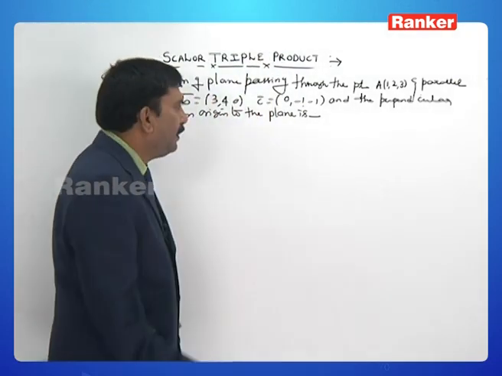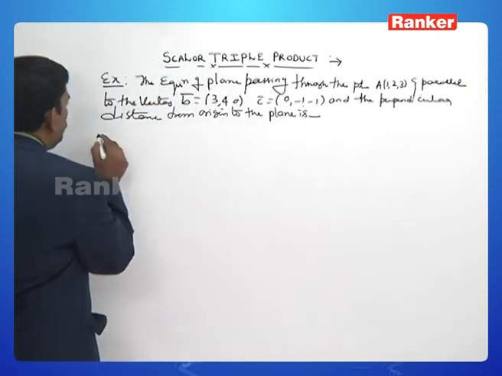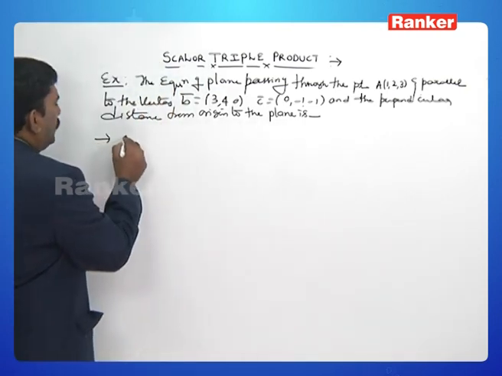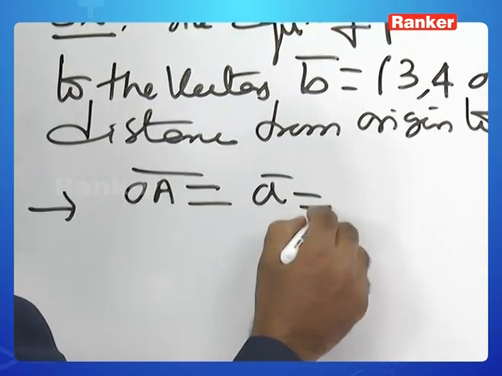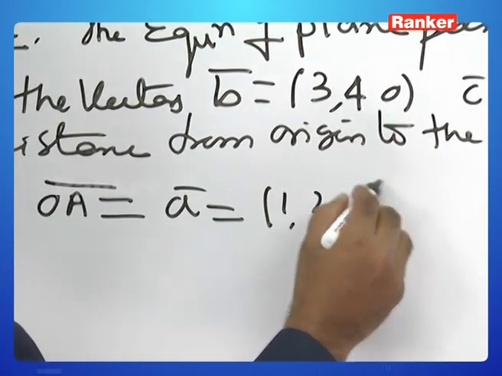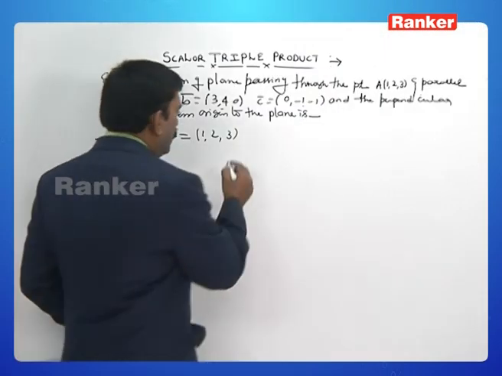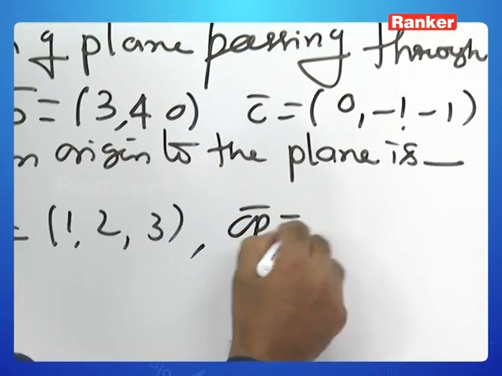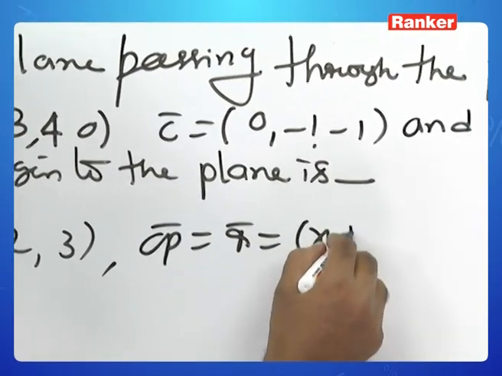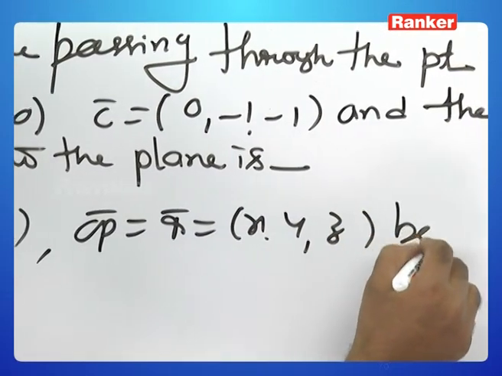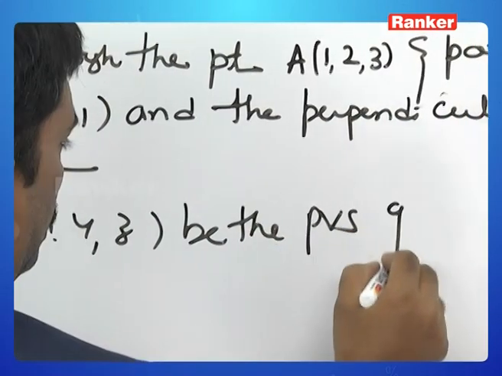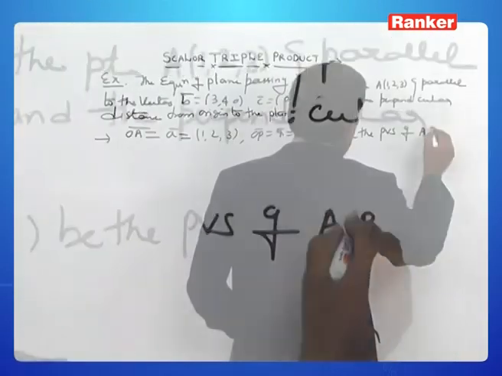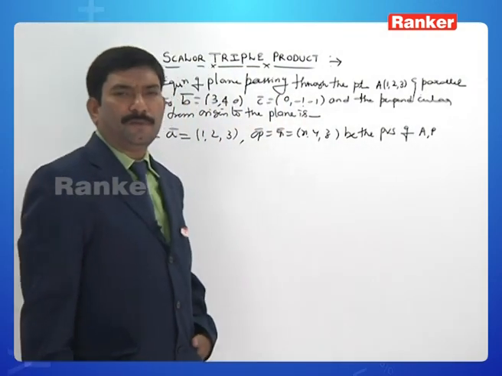Okay, I start. OA bar is equal to 1, 2, 3. OP bar is equal to R bar is equal to x, y, z. Let them be the position vectors of A and P respectively.